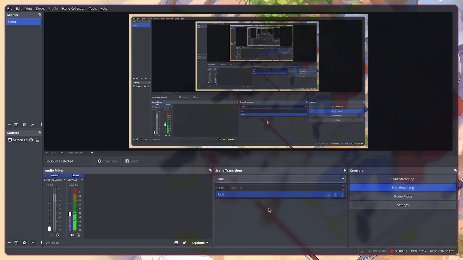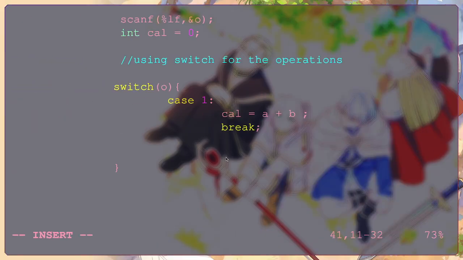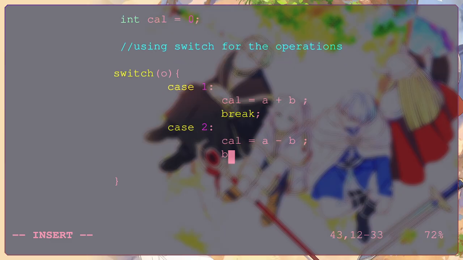Let's continue from where we left. Okay, right here, break. Case 2: cal equals a minus b, break.